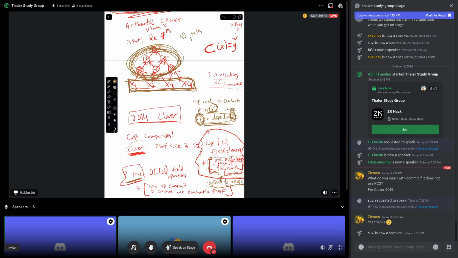Okay, and what the one invocation of the sum check protocol in Clover does is it reduces that claim, a claim about all gates being evaluated correctly, to a claim about one evaluation of the multilinear extension of all gate values in the circuit, both the inputs and the interior gates.